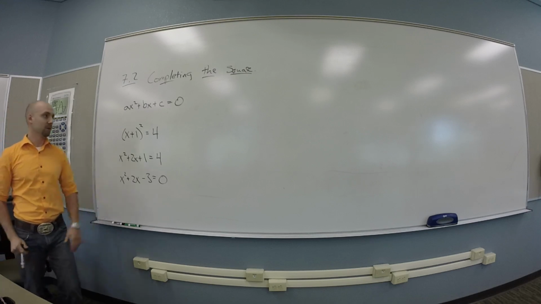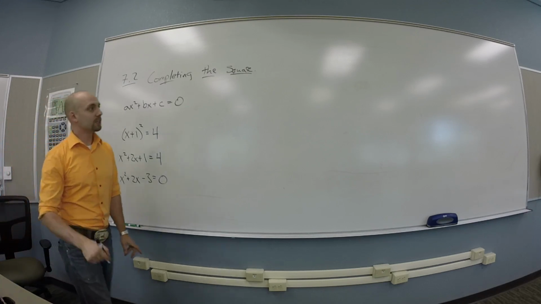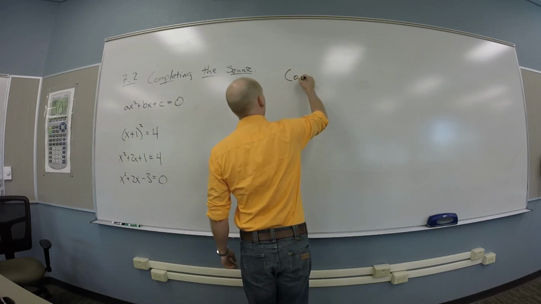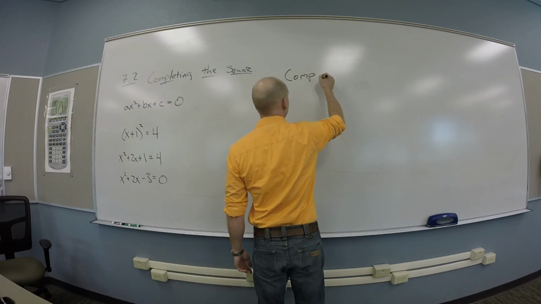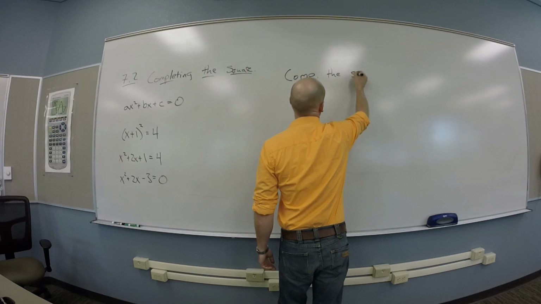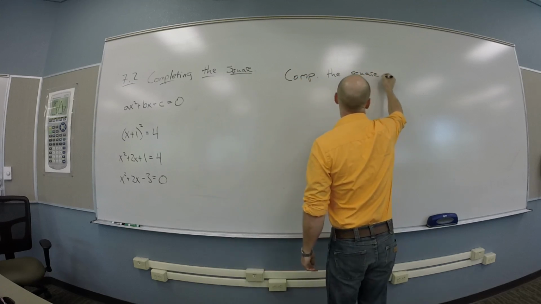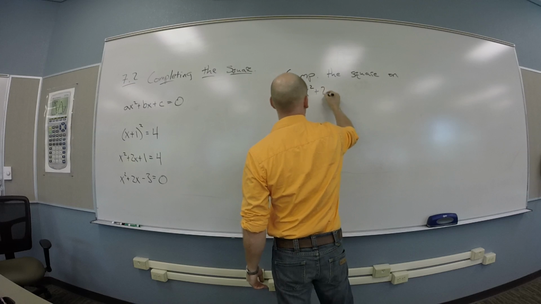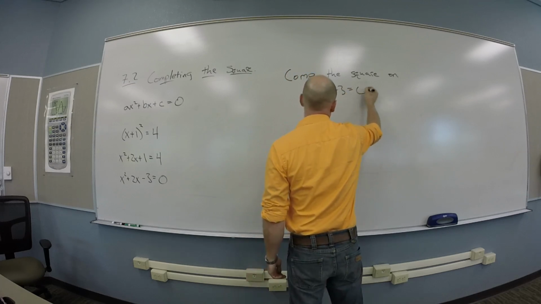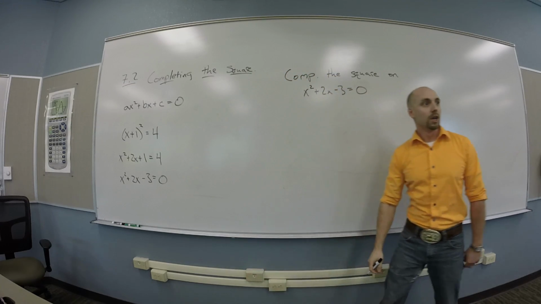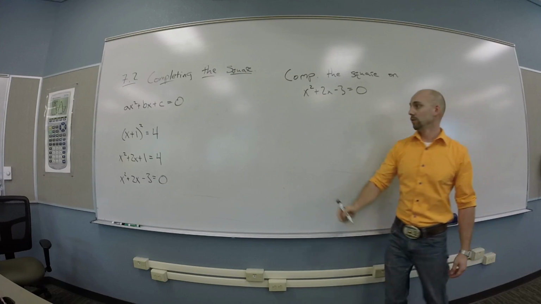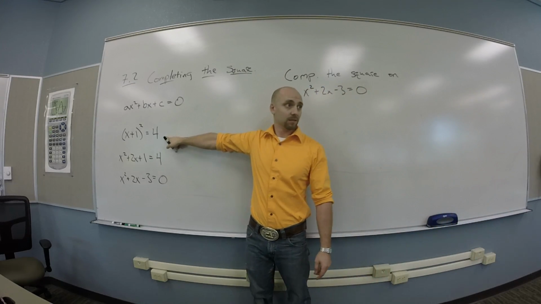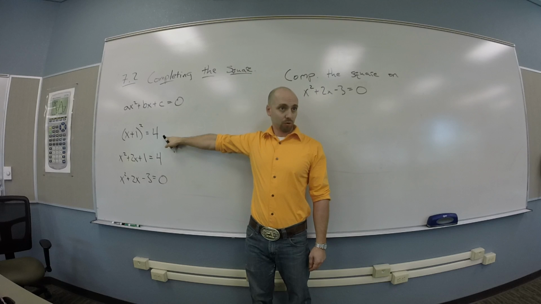So let's start with this one as an example. If I started with this, I want to complete the square on this guy. So I've got x squared plus 2x minus 3 is 0. My goal is to make it look like this again. Cool?